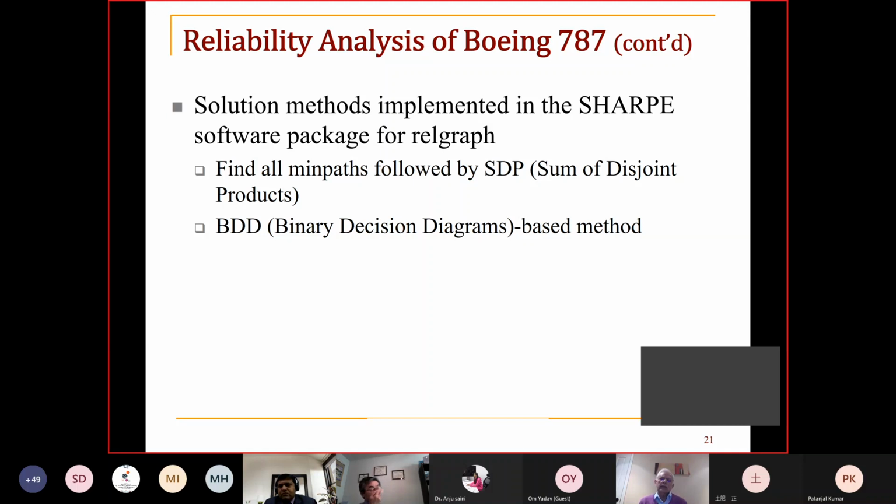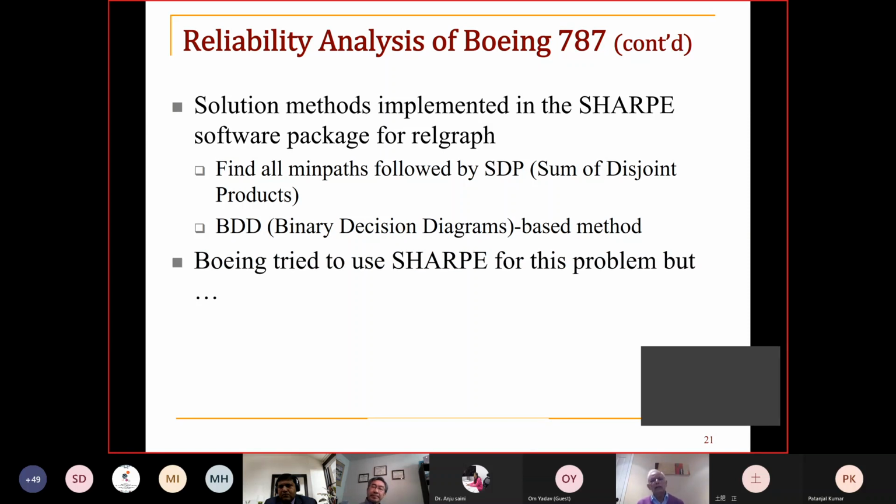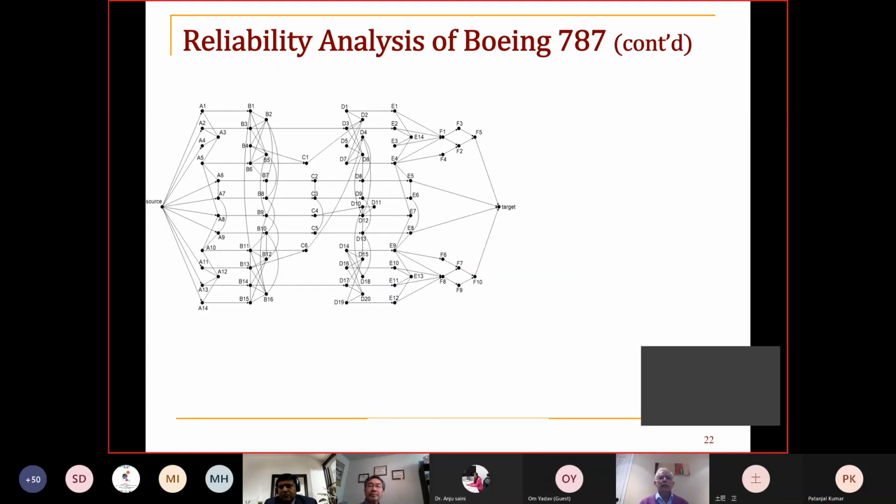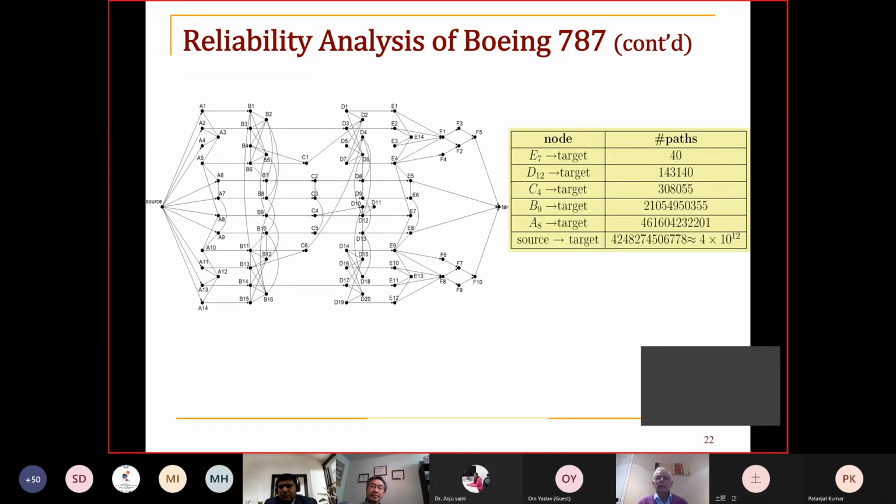So in a sense, this was a problem already solved. But Boeing tried to use SHARPE for this problem, and it didn't work. The reason it didn't work is quite clear: the number of min paths in this problem is estimated to be 4.2 trillion.